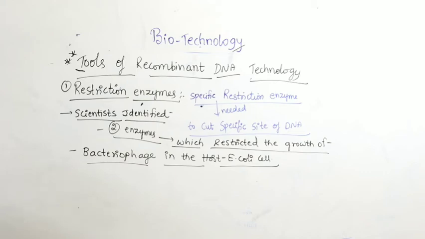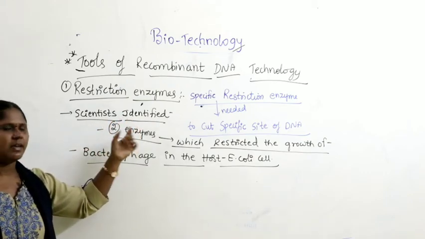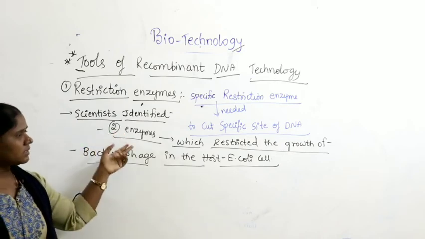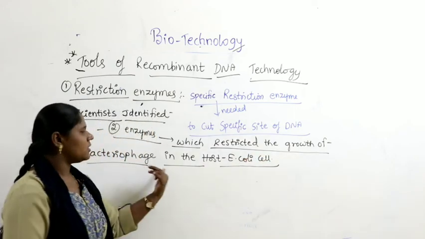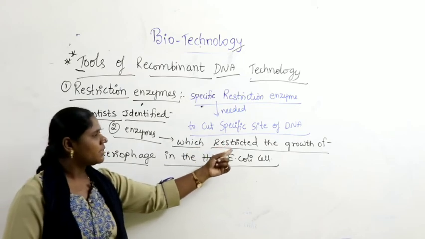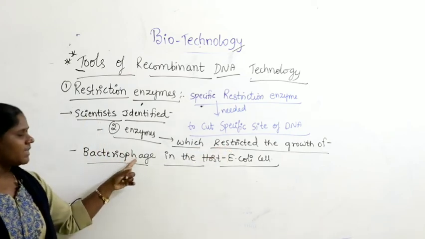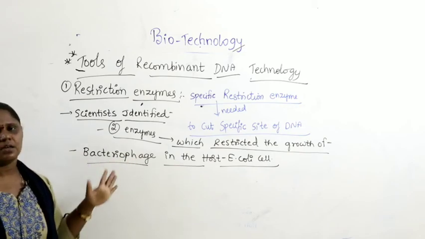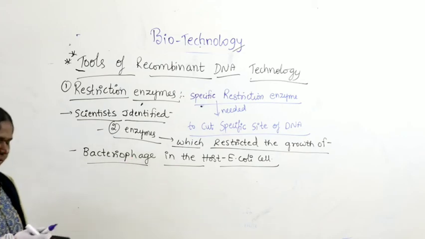What is the meaning of this? In 1963 they observed the occurrence of two enzymes, and these two enzymes restricted the growth of bacteriophage in the host E. coli cell. Restricted the growth of bacteriophage, meaning what? What is a bacteriophage? Phage means virus. A virus that infects bacteria is called a bacteriophage.